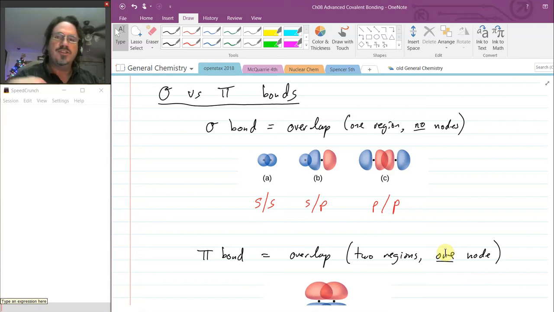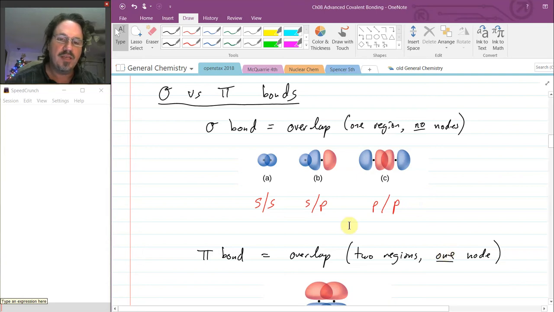I could do it with a single region of overlap, or with two regions of overlap. Keep in mind, I've got one orbital, one electron here, another one there, and it doesn't matter how many regions I overlap, whether 3, 2, or just one. It's still just a single bond that I'm creating in each case.